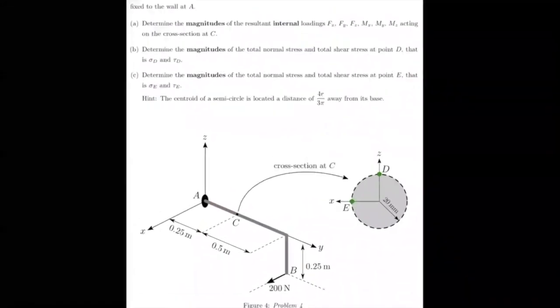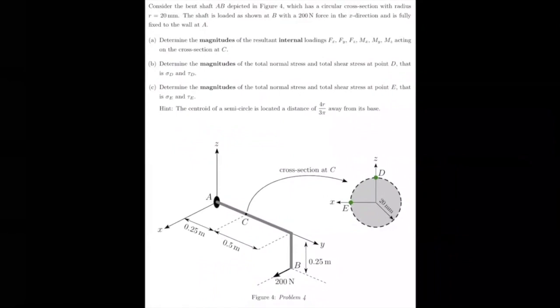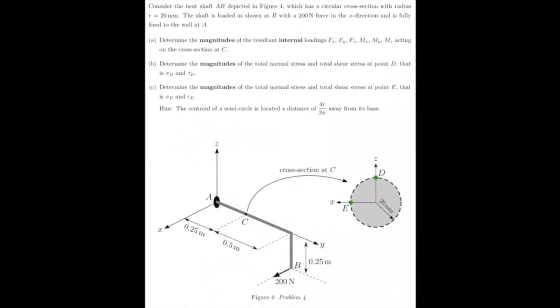The last example is here. Consider the bent shaft AB. So you have a shaft here, AB, depicted in the figure, which has a circular cross-section with radius 20 millimeters.